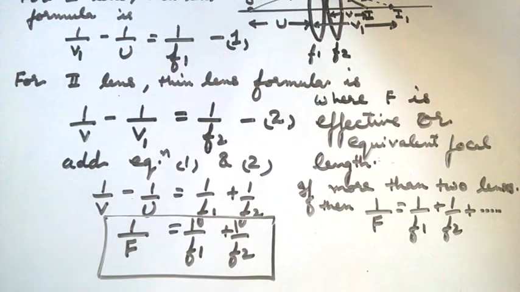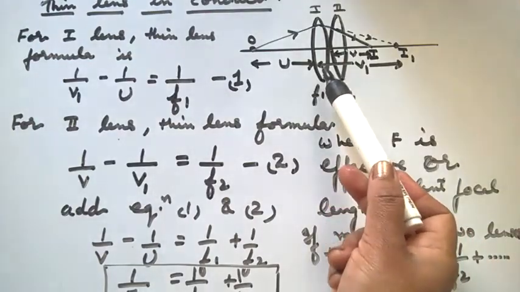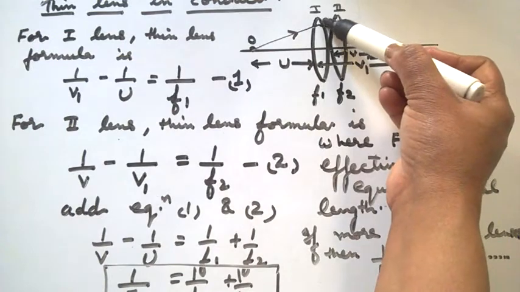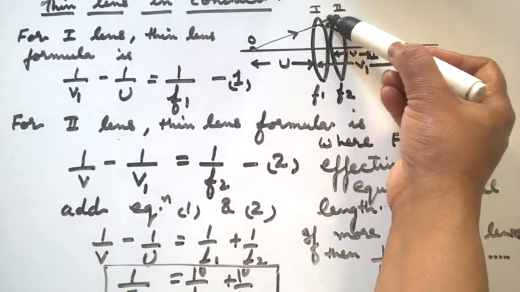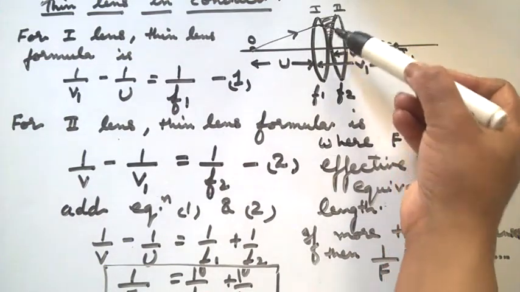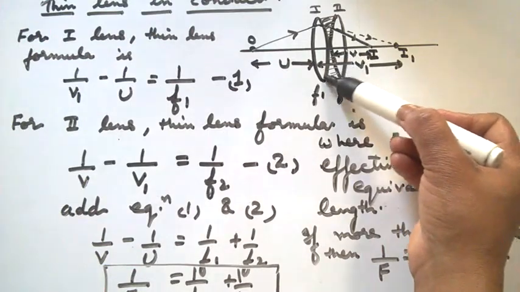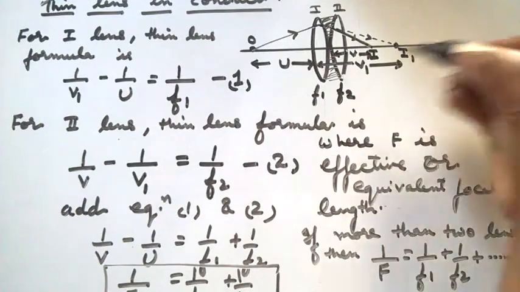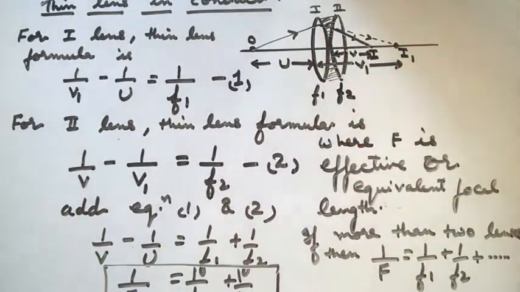Now consider that between these two convex lenses, in the gap, water is filled, that is, any liquid is filled. So this part will behave like a concave lens.